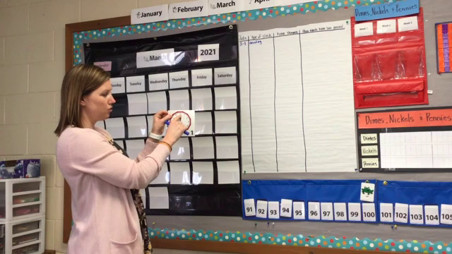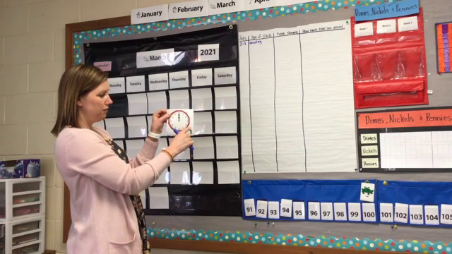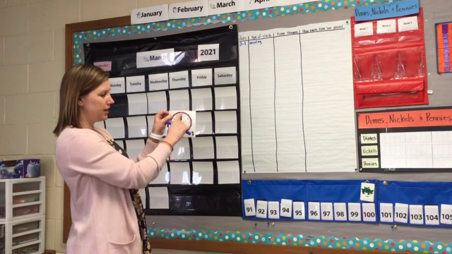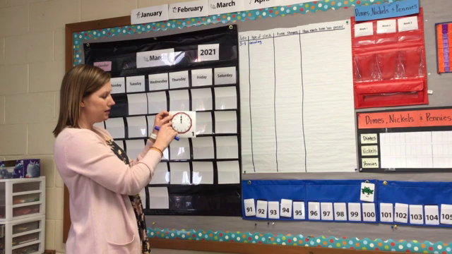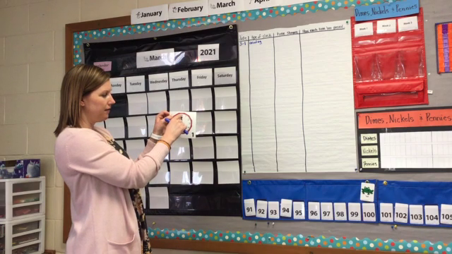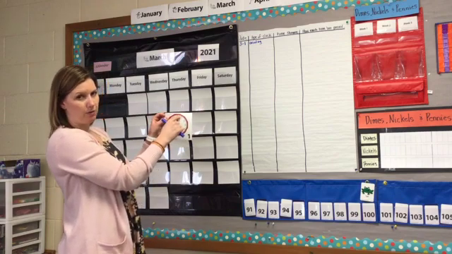Okay, you can see the 12, 1, 2, 3, 4, 5, 6, that's halfway around, 7, 8, 9, 10, 11, 12. So the analog clock shows 12 hours.